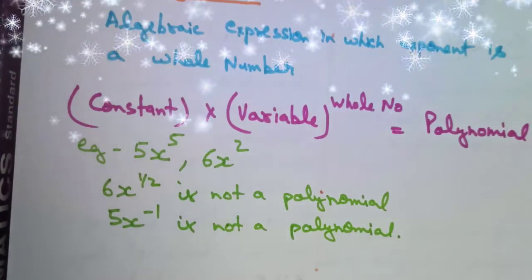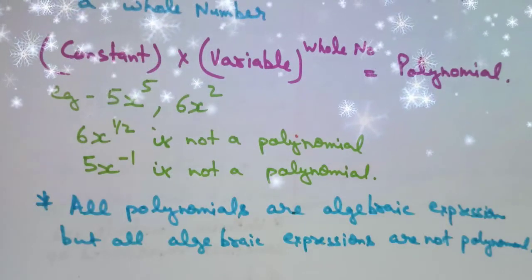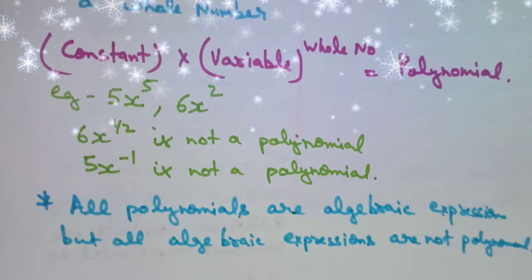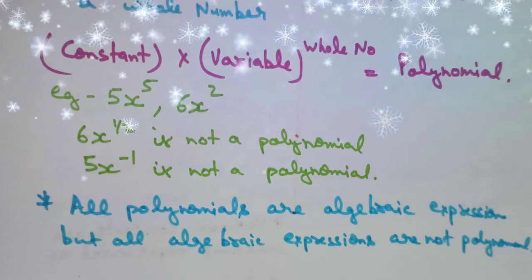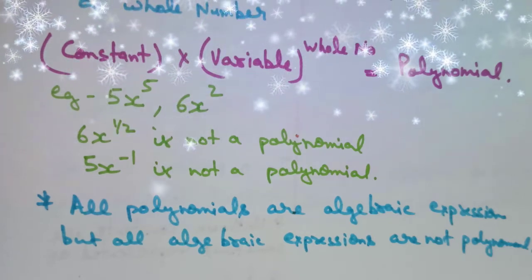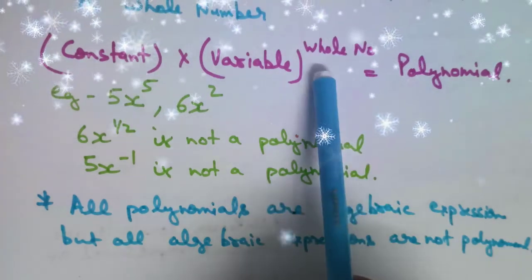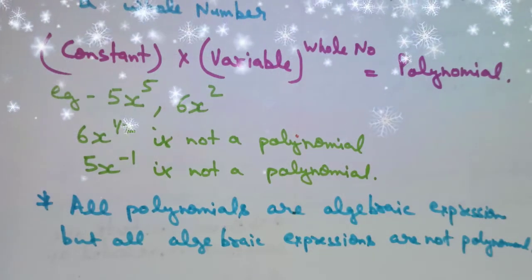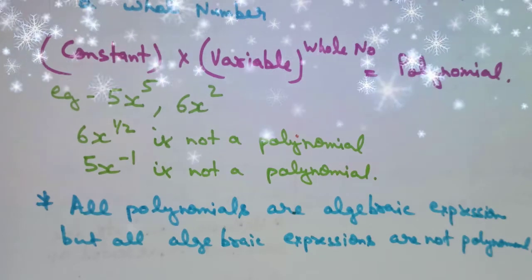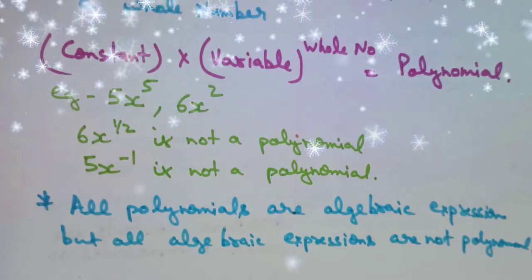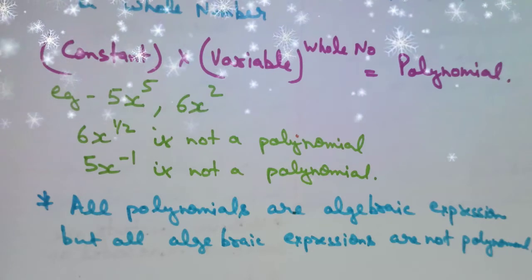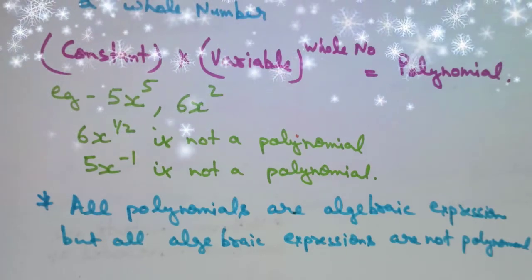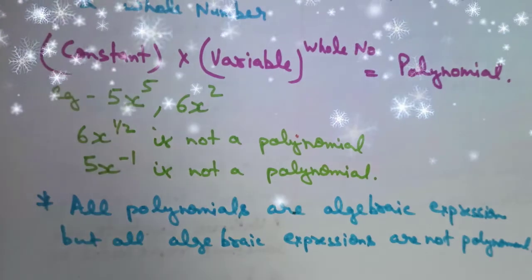I hope this point is also clear that all polynomials are algebraic expressions, but all algebraic expressions are not polynomials, since we have already discussed that all whole numbers are rational numbers. But all rational numbers are not always whole numbers. They can be whole numbers, fractions, or any other numbers. So all algebraic expressions are not polynomials.